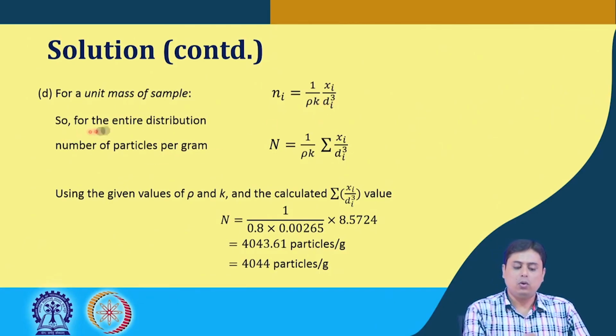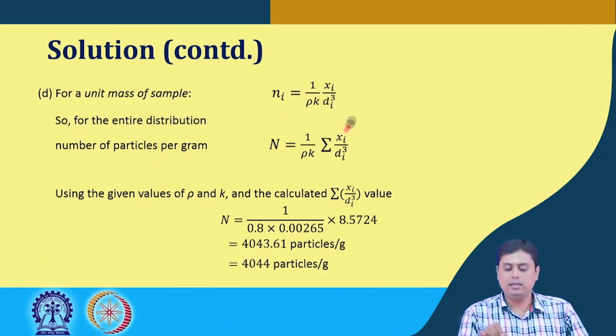Now, the total number in the sample is the summation of this parameter, which is written here. We already know rho as well as the value of k.